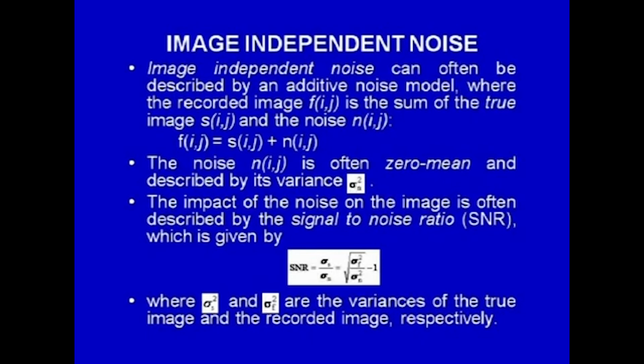The impact of the noise on the image is often described by signal to noise ratio, that is SNR, which is given by the equation SNR = square root of (sigma f squared divided by sigma n squared minus 1), where sigma s squared and sigma f squared are the variances of the true image and the recorded image respectively.